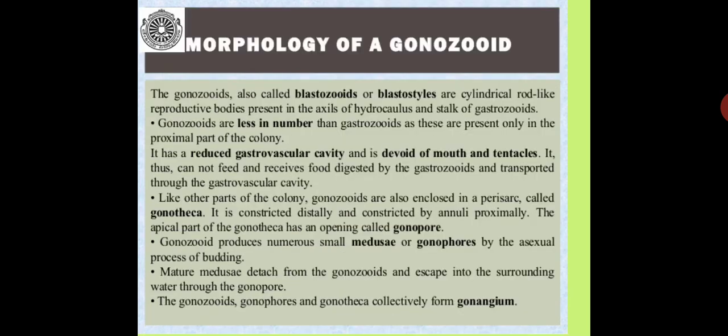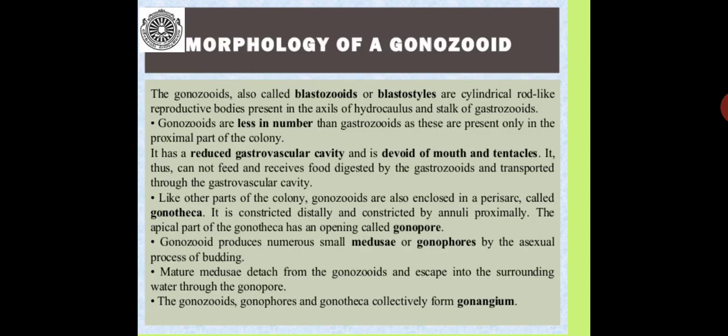Morphology of a gonozoid. The gonozoids, also called blastozoids or blastostyles, are cylindrical, rod-like reproductive bodies present in the axis of the hydrocaulus and stalk of gastrozoids. Gonozoids are fewer in number than gastrozoids, as these are present only in the proximal part of the colony.